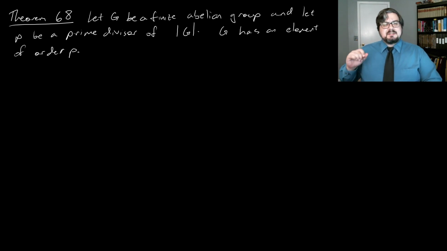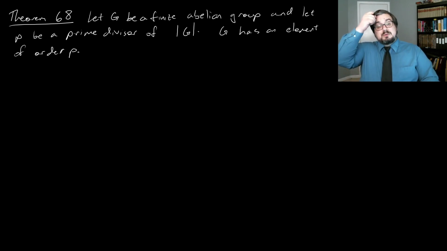And this was at least surprising to me the first time I encountered it. Surprising that we can always guarantee that there exists an element of a given order. And this applies to all of the prime divisors of the order of G. So let's see how we go about this.